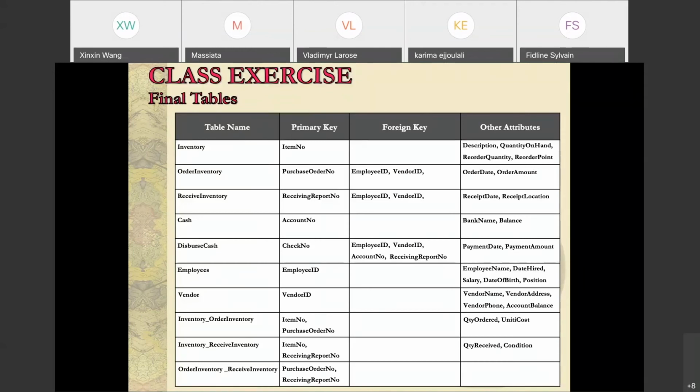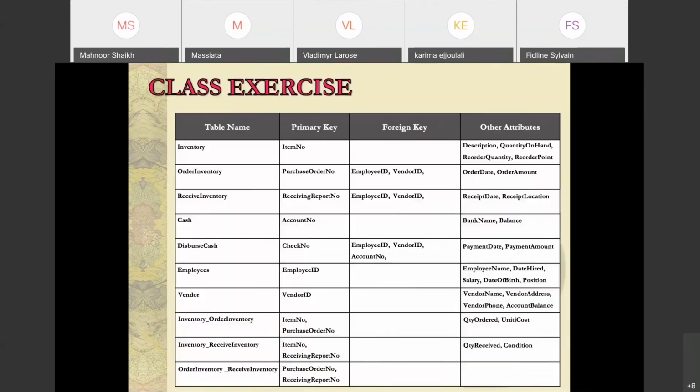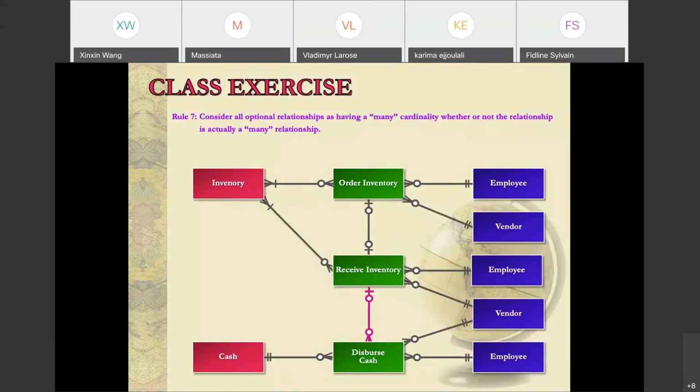Professor? Yes. Why is receiving report number a foreign key as well? So in this step, as I said, all the optional are treated as many, right? Initially, this is a one-to-one relationship, right?